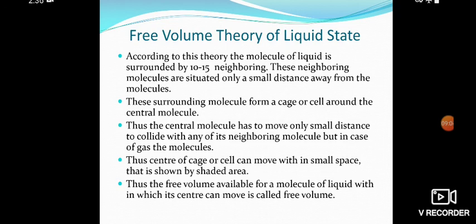Thus, the central molecule has to move only a small distance to collide with any of its neighboring molecules, but in case of gas, the molecule moves much farther. Thus, the center of the cage can move in a small space, shown by the shaded area in the next slide. The free volume available for a molecule of liquid within which its center can move is called free volume.